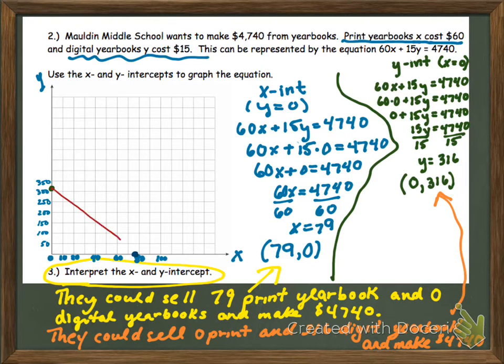And that line is going to represent all the different combinations of print yearbooks and digital yearbooks. And so all those points across on that line would be the different combinations they could sell in order to make their goal of the $4,740.